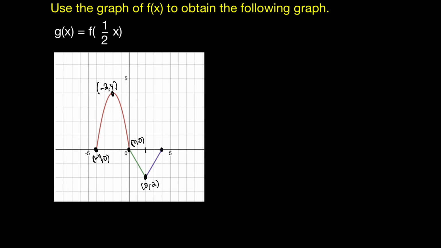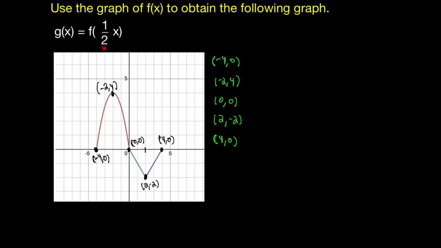And then this x-intercept here on the right is going to be at 4, 0. So I'm going to go ahead and label these right here on the right. So I have -4, 0, -2, 4, the origin 0, 0, 2, -2, and then we have 4, 0. So those are all of my key points.